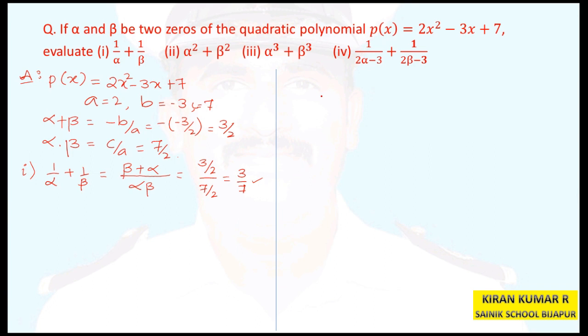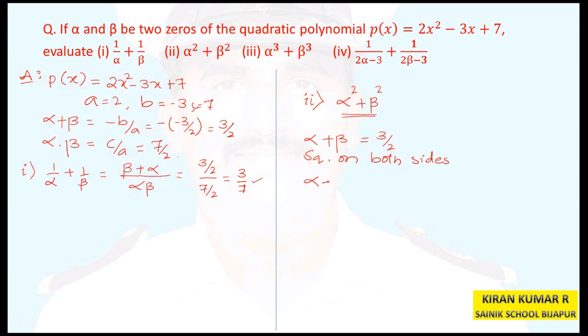Let us take the second question here, alpha square plus beta square. How do we find alpha square plus beta square? We know alpha plus beta is 3 by 2, square on both the sides. What do we get by squaring?